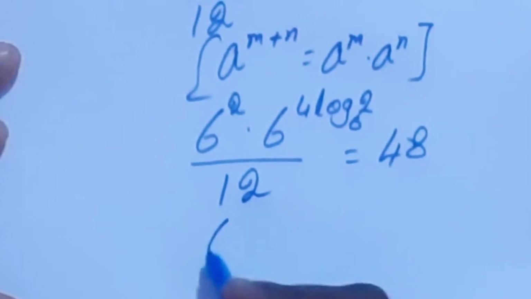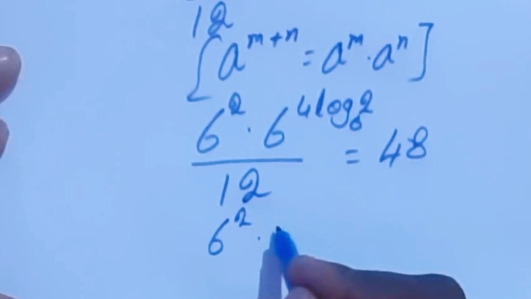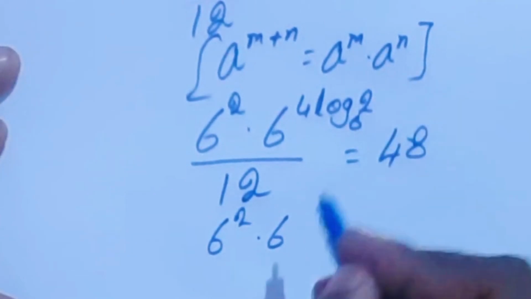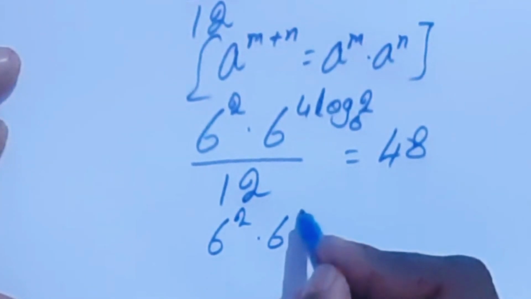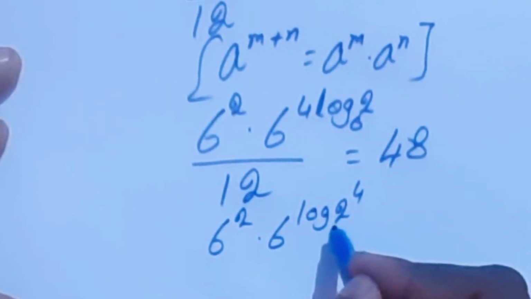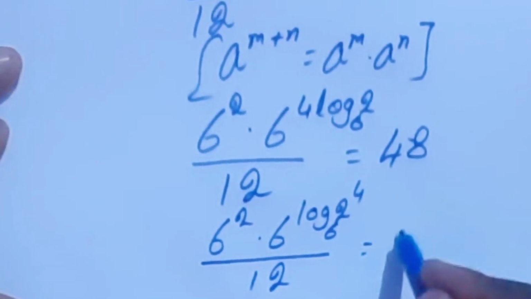Now 6 power 2 times here 6 power, moving this 4 to the power as per the log power formula, log 2 power 4 base 6 by 12 equal to 48.